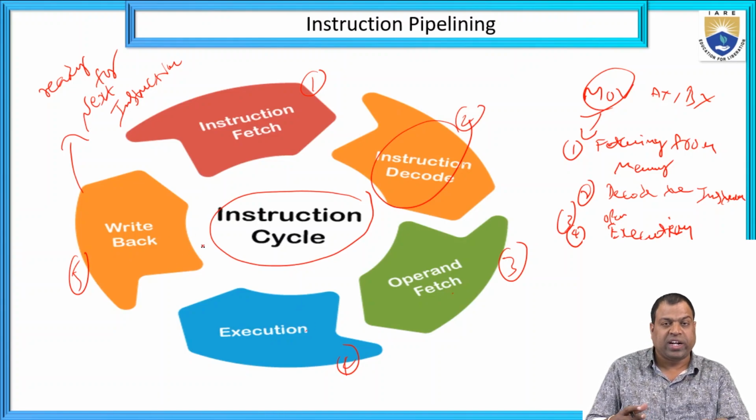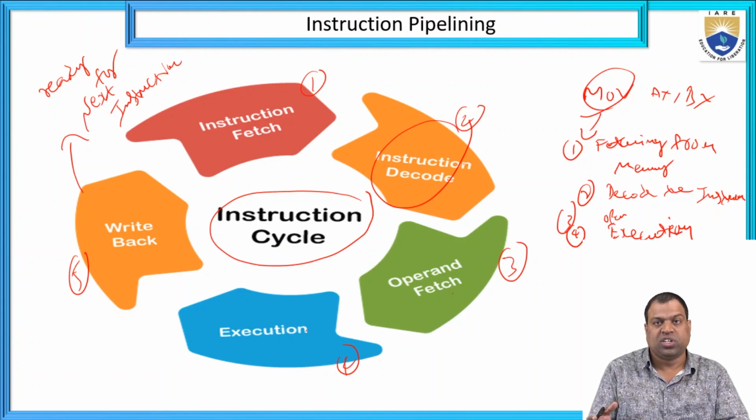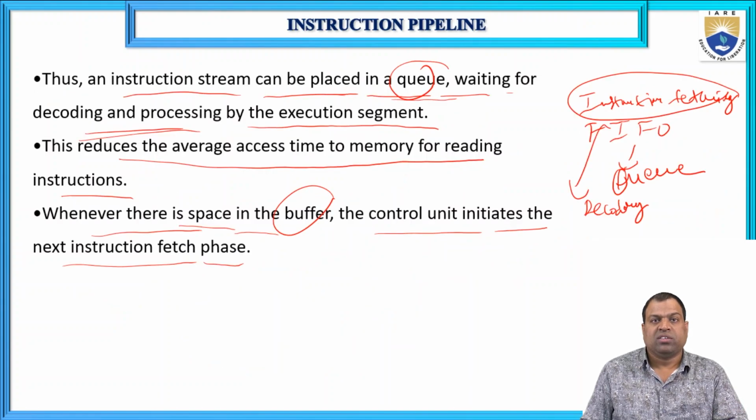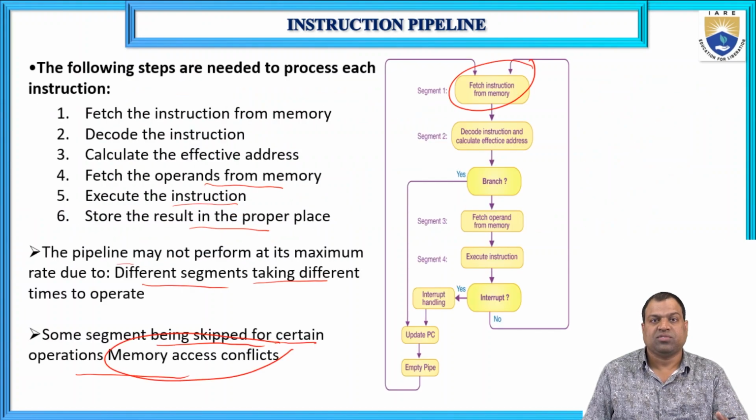The 5th one is write back, meaning the result should be shown in the program, or written back so the next instruction is ready. Thus the instruction stream can be placed in a queue, a first in first out process.